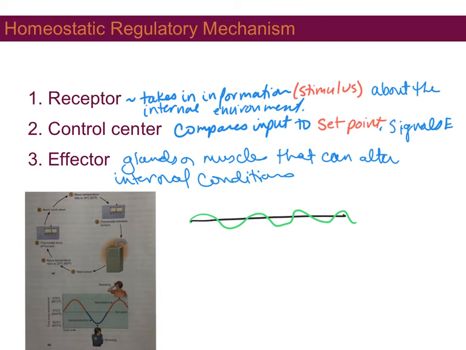And that kind of keeps the blood more into the interior of your body to keep it warm. You might shiver because your muscles give off heat. And so then your temperature goes back up to the set point. Okay, so you're constantly making all these little adjustments to stay right around your optimal conditions.